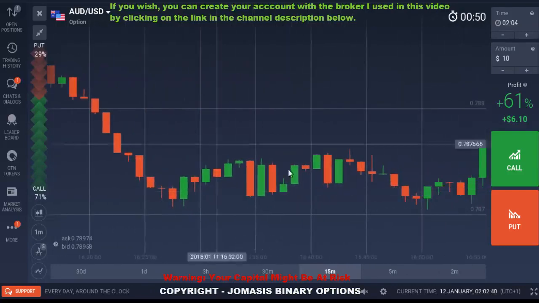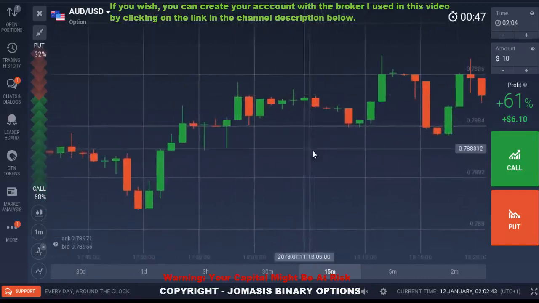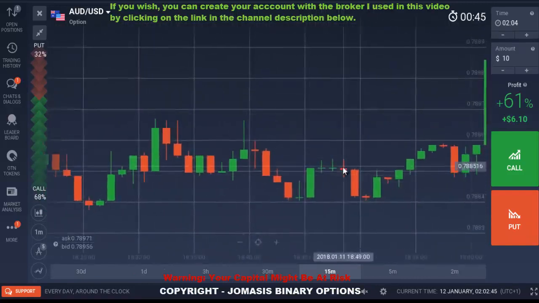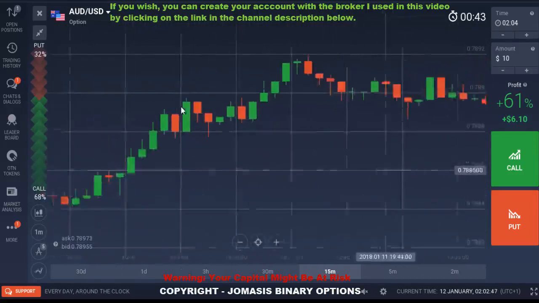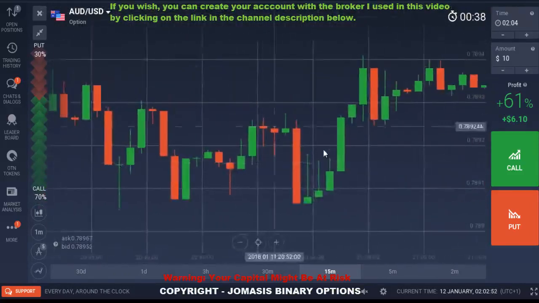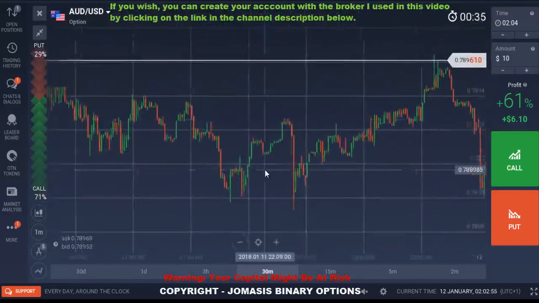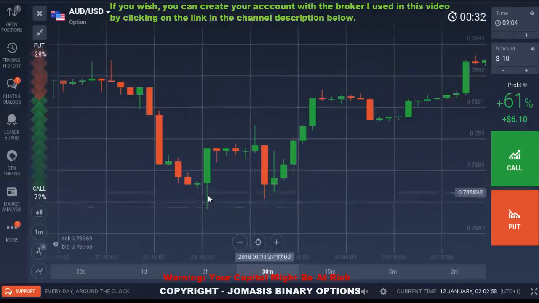Okay, I want to use another example. This graphics is not that good, so let me show you where. As the market was coming down here, going up, coming down, when it reached this particular level, the market started going up.